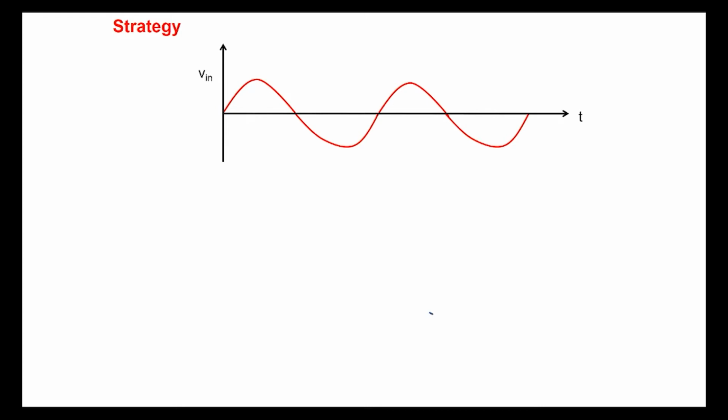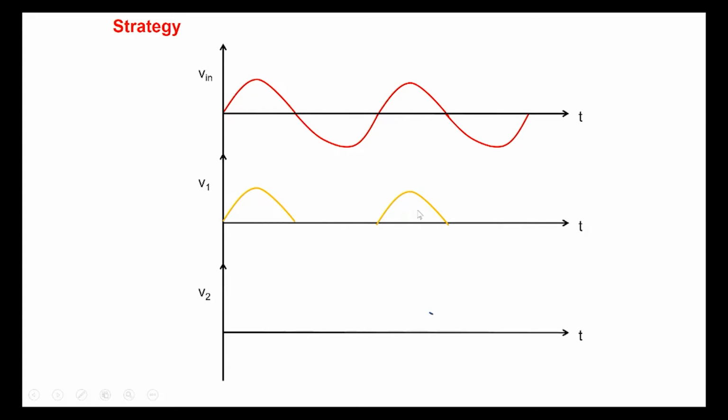And so our first strategy for doing that is as follows. We are given this AC signal, and what we are going to do is a half wave rectification, meaning that we will cut off the negative part, since we want a positive 12 volts. That is called half wave rectification. And then, since we want a DC, and you see that this is a periodic signal, it has a number of frequency components, and we are interested in DC.